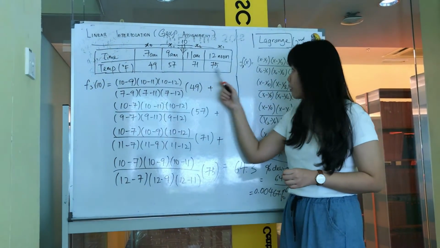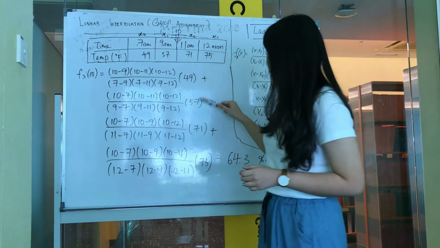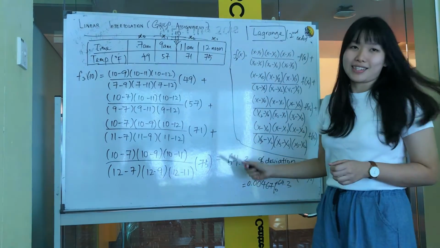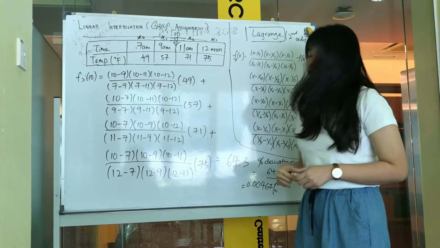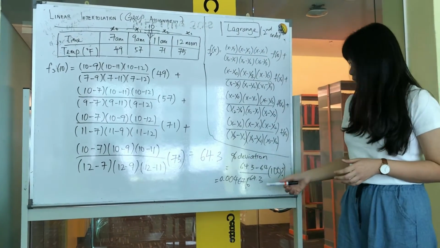Substituting all the x values and f(x0), f(x1), f(x2), and f(x3), we get the value 64.3.